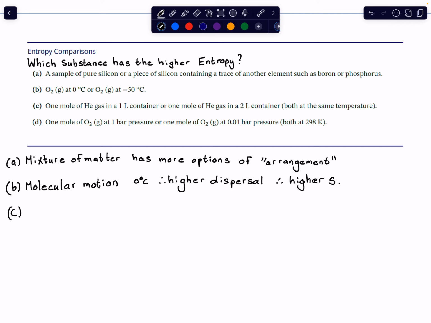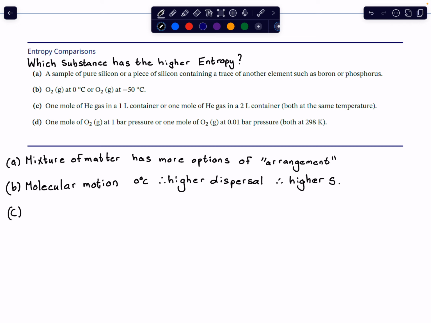Okay, if we look at 1 mole of helium gas in a 1 liter container or 1 mole of helium gas in a 2 liter container, both at the same temperature. In a larger volume, the gas should be able to disperse better. That makes a lot of sense because a gas expands to the volume of the container.